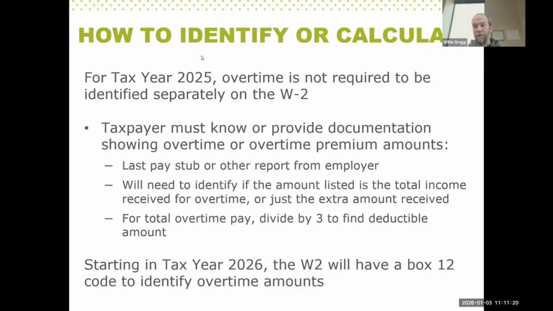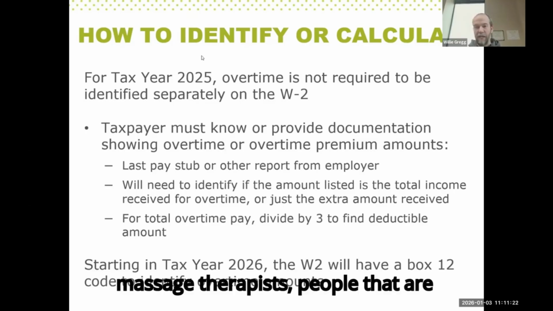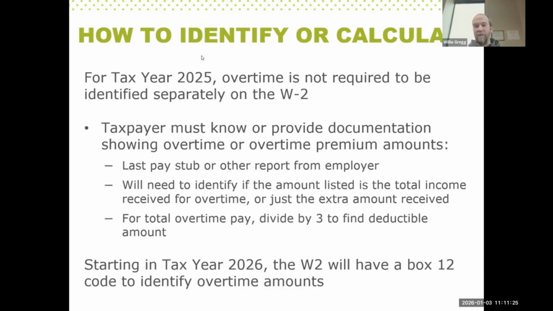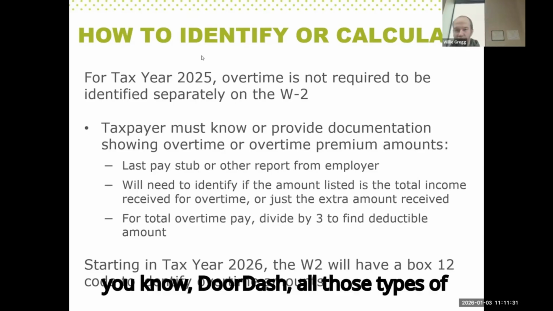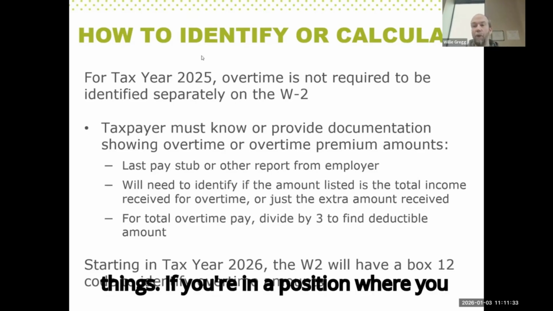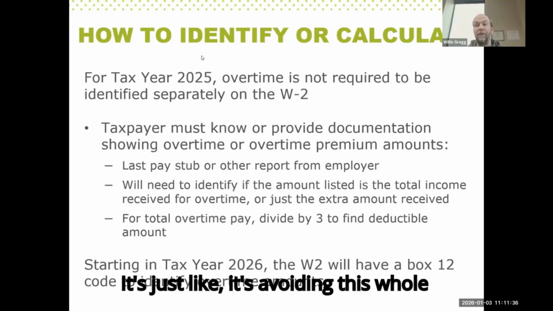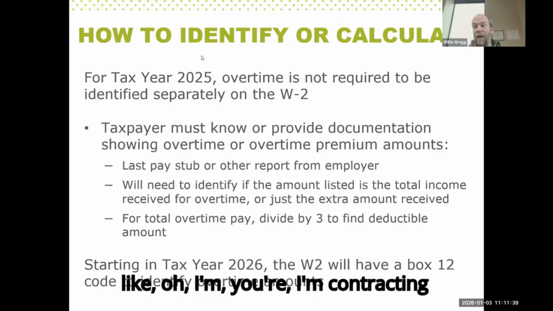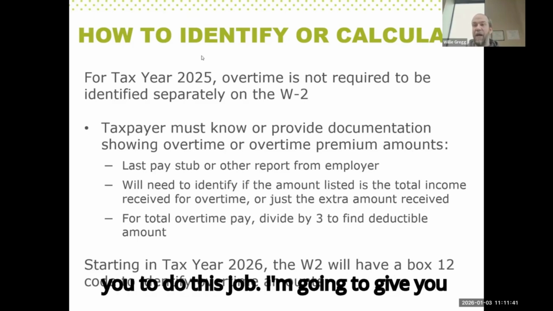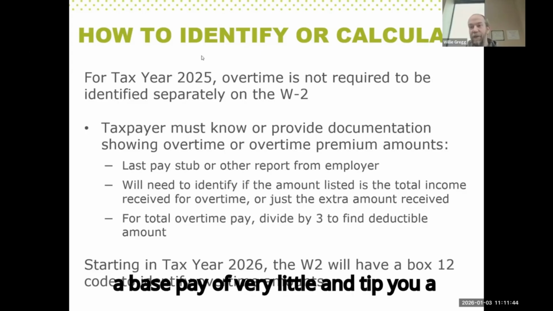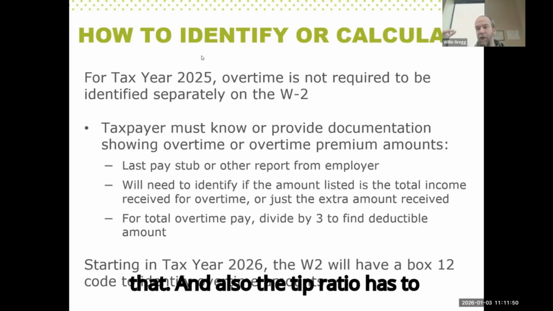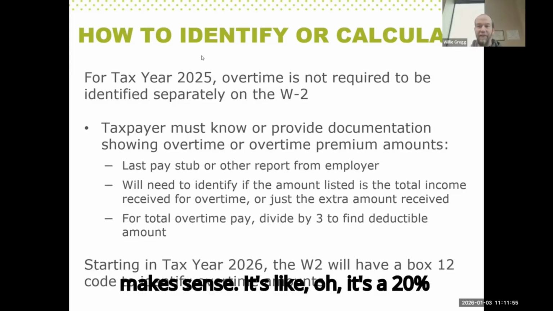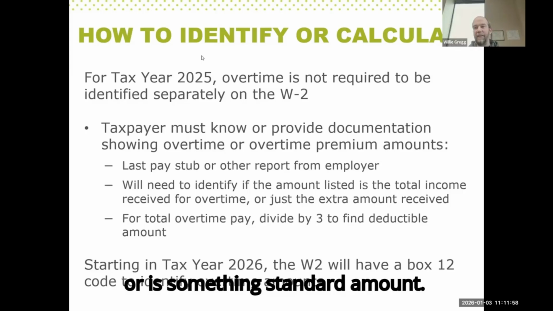Restaurant workers, hotel service workers, massage therapists, people that are obviously drivers, Uber, Lyft, DoorDash, all those types of things. If you're in a position where you normally get tips, then it's good to go. It's just avoiding this whole thing of, I'm contracting you to do this job, I'm going to give you a base pay of very little and tip you a lot of the money. And also the tip ratio has to be proportioned in a way that makes sense, like a 20% or some standard amount.